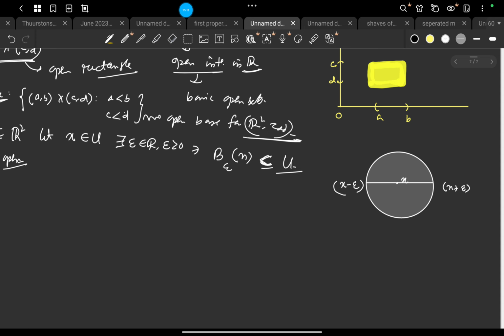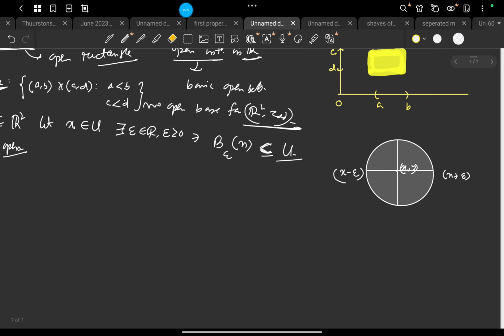And again, if I consider this particular line passing through this point, let's say it is (x, y), of course. This distance is y plus epsilon, and this is y minus epsilon.